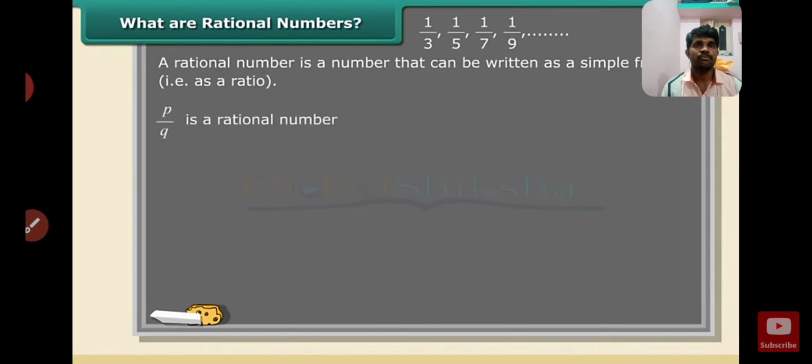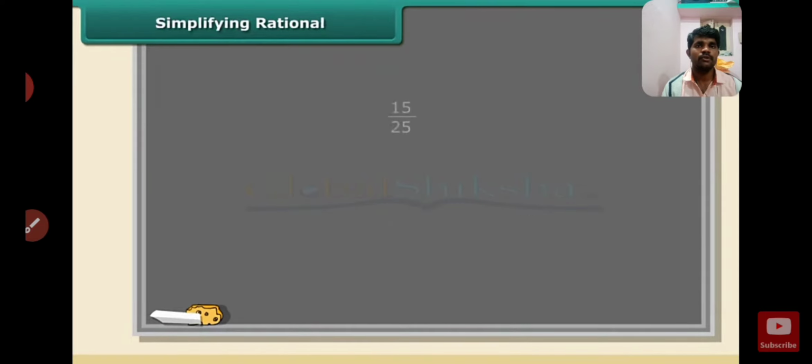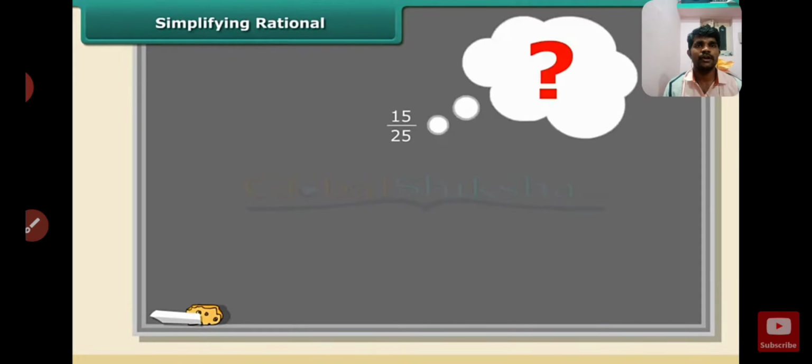Okay, 1 by 3, 1 by 5, 1 by 7, 1 by 9, like that. p by q is a rational number, q does not equal 0. 5, 3 by 1, 1 by 3 and 1 by 4, 45, 6.4, 1.732. 5 is equal to 5 by 1, 45 is equal to 45 by 1. Any number we can write in the form of p by q is a rational number.